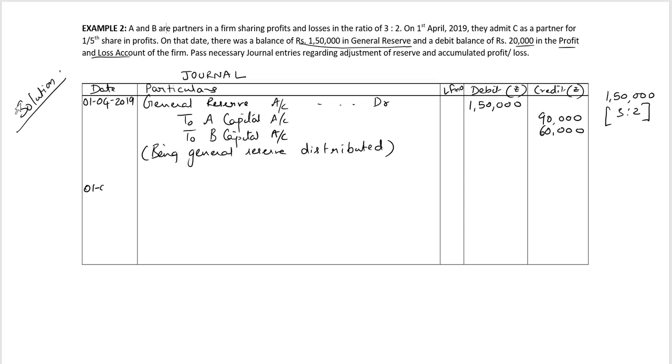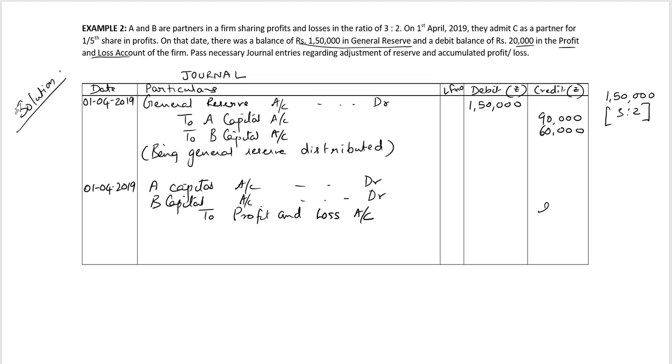The next entry, same date, 1st April 2019. We need to write off the debit balance of P&L rupees 20,000 amongst A and B in OPSR. So we have A's capital account debit, B capital account debit, to profit and loss account 20,000.